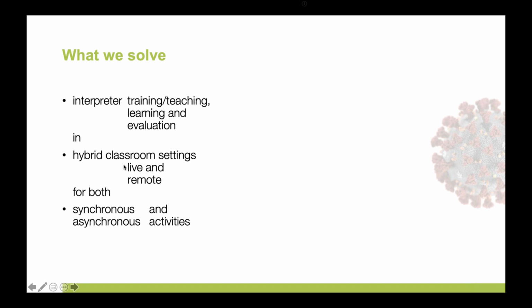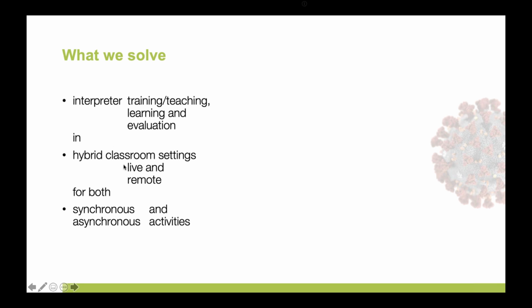Hybrid classroom setting is where students, or participants, can be live in the class in the same room as the teacher, but can also participate remotely. That mixed combination of participants is what we call a hybrid classroom. And that classroom, because it's an online platform, should be used for both synchronous and asynchronous activities.